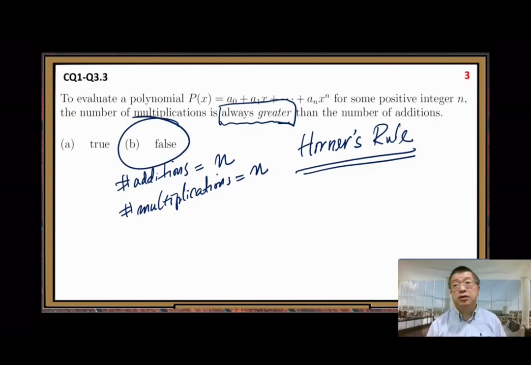Although this question is so simple, you can imagine why I designed it. The purpose is very simple. If one student does not know Horner's rule, and skips that topic and comes to this question directly, the answer is very likely true, because by our general impression, by an ordinary person's intuition, you definitely need more multiplications than additions.